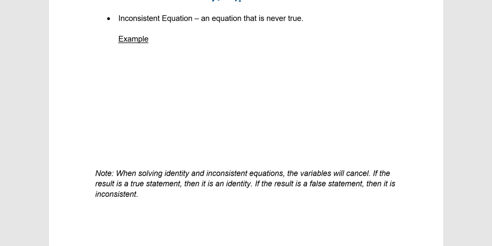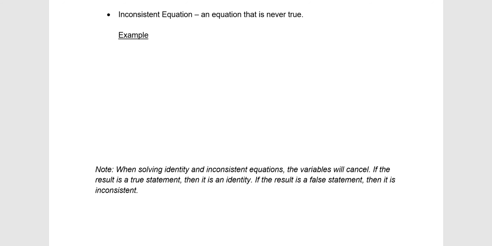Last one, inconsistent equation. An inconsistent equation is an equation that is never true. For example, if we had x equals x plus 7, and we subtract x on both sides to get it to the left, the x's cancel and we're left with 0 equals 7.